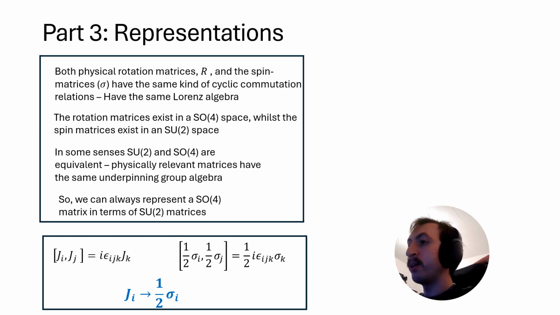And providing we keep the index the same when doing this replacement, all is well and good. So we can think of a half sigma as a representation of a Euclidean rotation generator J.